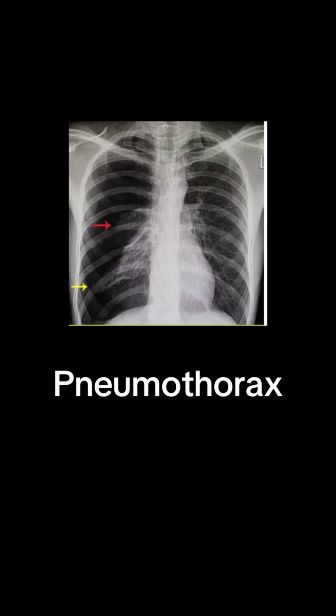As the intrathoracic pressure increases, it collapses the ipsilateral lung. When the lung collapses partially or completely, that leads to decreased breath sounds. Simultaneously, it starts compressing the superior vena cava, which brings the blood back to the heart.